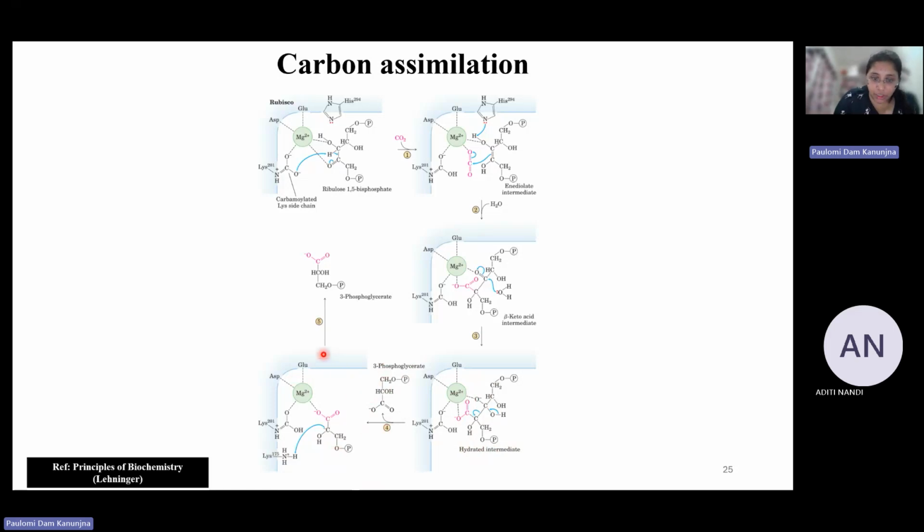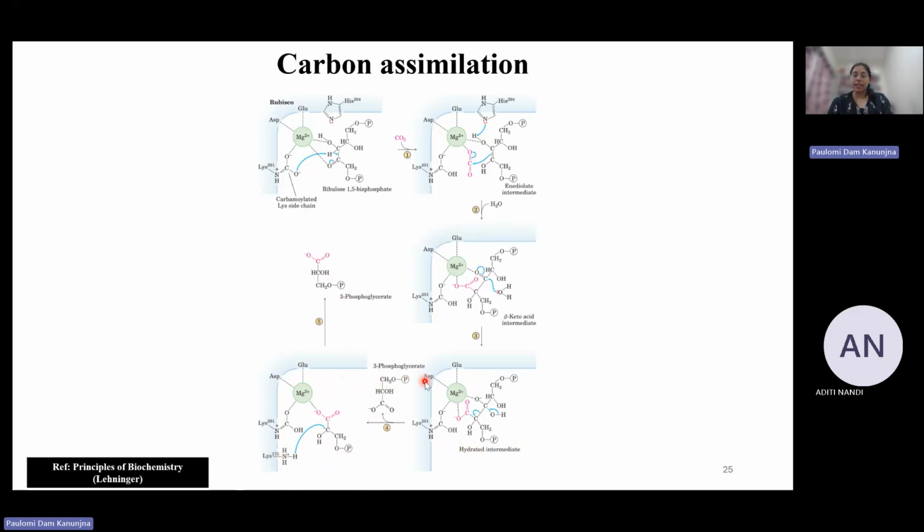The remaining carbanion of the remaining 3-carbon fragment is then protonated by the nearby side chain of lysine. I don't want to complicate it, I'm just telling you how it exactly takes place. So the lysine protonates this carbanion, and at the last, this phosphoglycerate is also released. So you have 2 phosphoglycerate, not together, but one after the other.